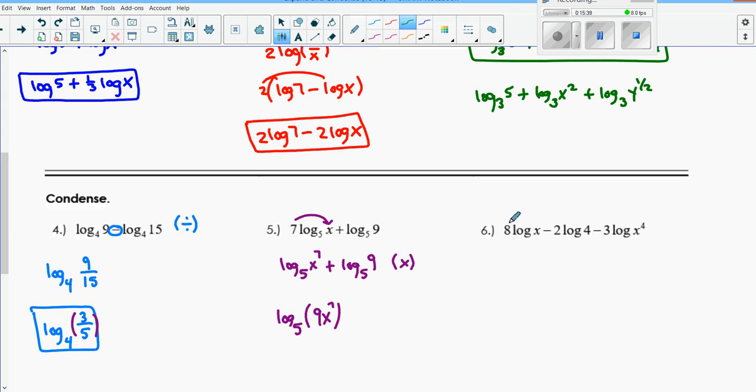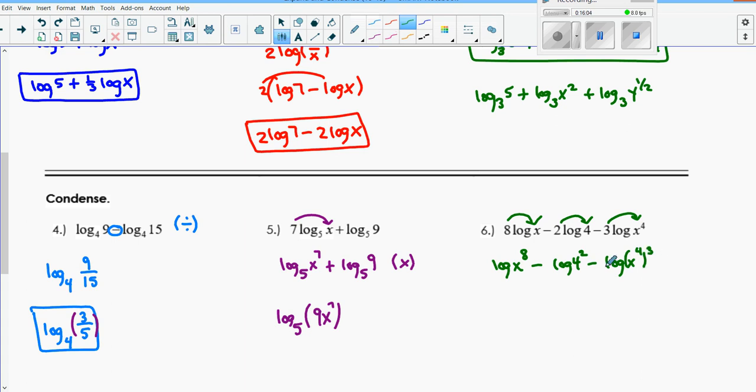Okay. All right, next one. I'm going to pull all of these coefficients up first. So this becomes log of x to the 8th minus log of 4 squared minus log of x to the 4th. And then remember, when I raise it to the 3rd power, I'm taking this whole thing and raising it to the 3rd.